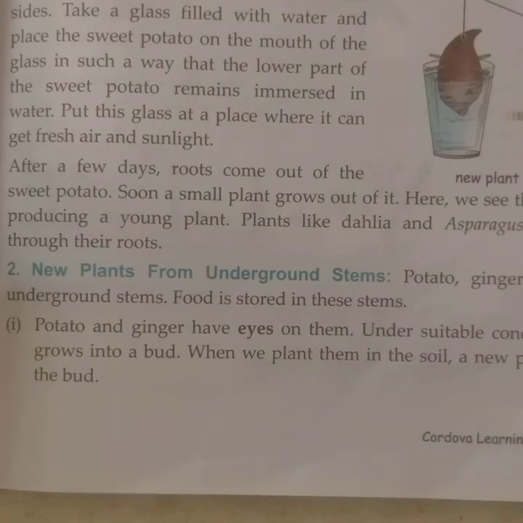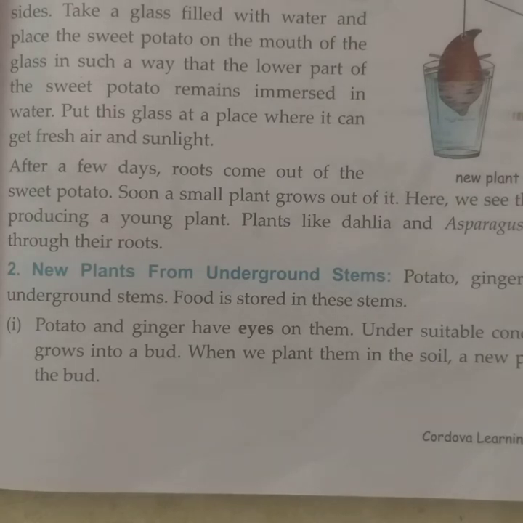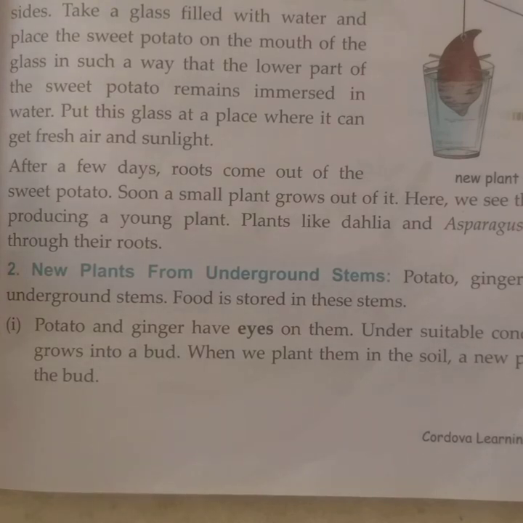As we know, the food which is prepared by the plant leaves is stored in the underground stem, that is potato and ginger. These are the nutritious parts of the plant. And if we keep these for a long time as they are, the eyes start growing on the body of these stems.